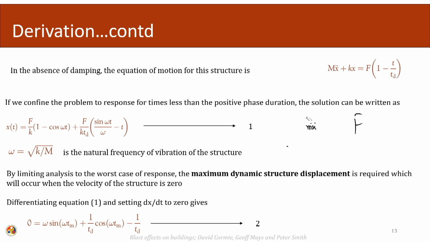So, the solution to the equation of motion will be in two parts. One will be the part where the load is applied, from 0 to Td, and the other part where t is greater than Td.